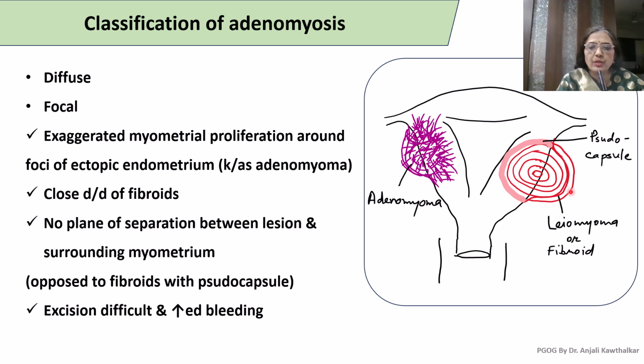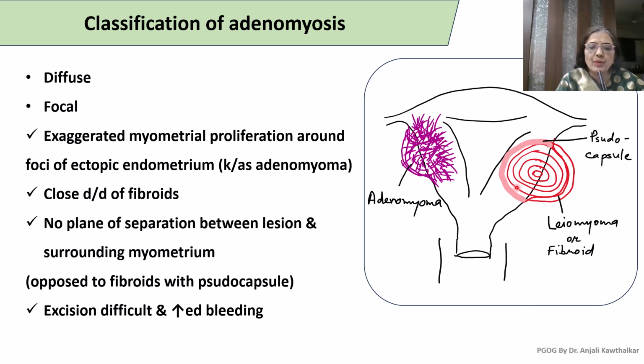On the other hand, this is how leiomyoma is present with a pseudocapsule. The pseudocapsule is formed by the compressed myometrial cells around the leiomyoma, and we get a smooth plane of separation, and it is very satisfying to do a myomectomy. All of you who have done myomectomy must have realized that there is so much fun and excitement.